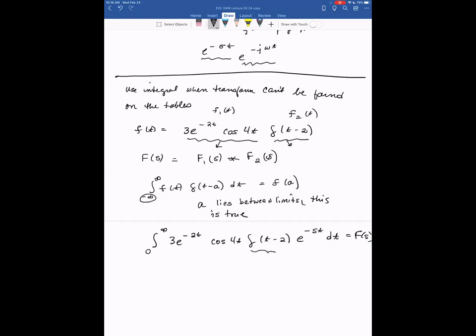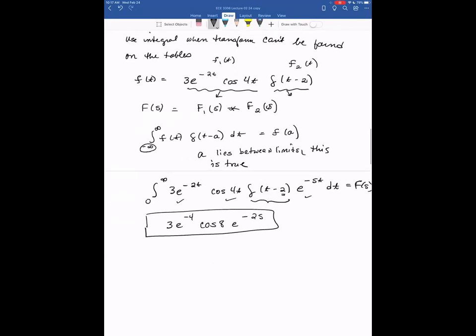In this case, a, the shift, is equal to 2. So all I have to do to evaluate this integral is look at everything else that multiplies this impulse function, this guy and this guy, and replace t with 2. So when I do that, I get 3e to the minus 4 cosine of 8 e to the minus 2s. And basically that's my answer.